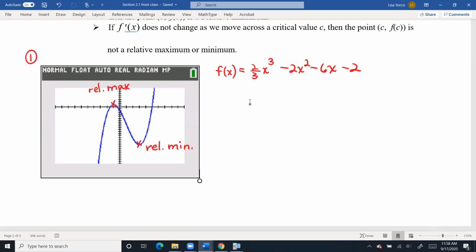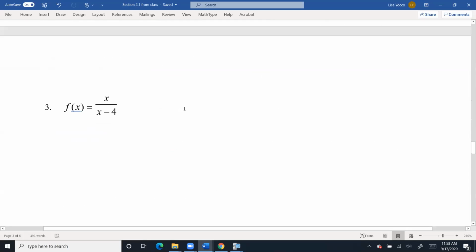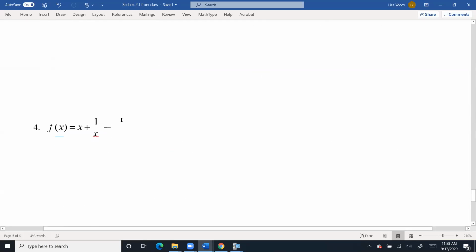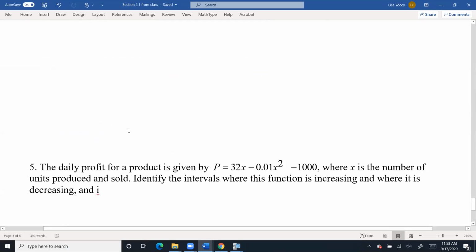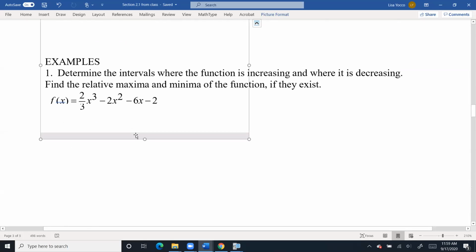Calculus takes that away from us. Calculus tells us exactly where to look for these numbers, relative max, relative min. So don't discount this and say, well, I can just use my calculator, because when we get to problems like number 3, or problem 4, you don't want to have to rely on a graph because they're not as easy to read.